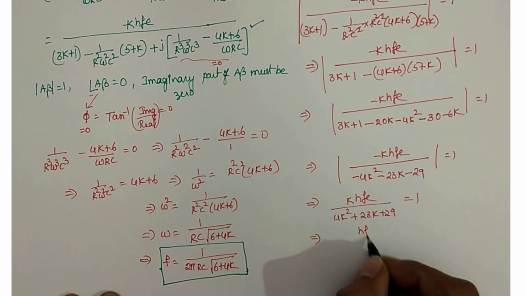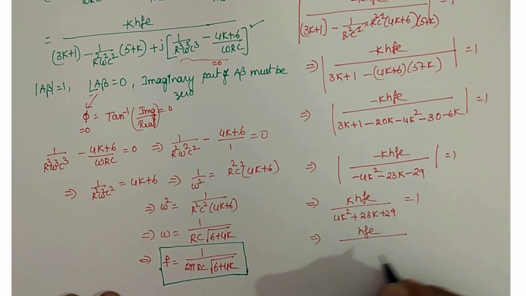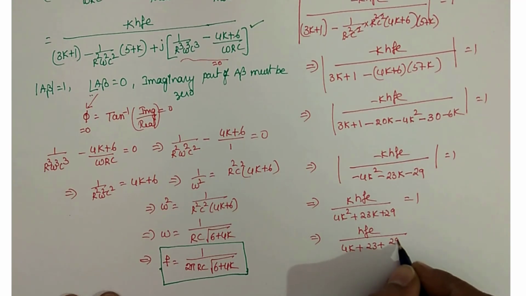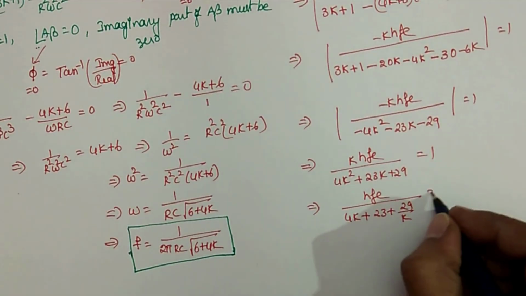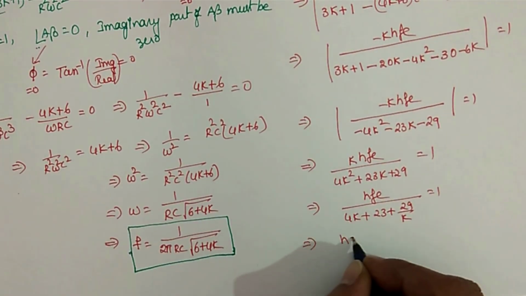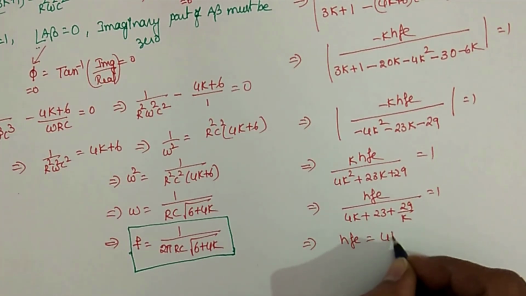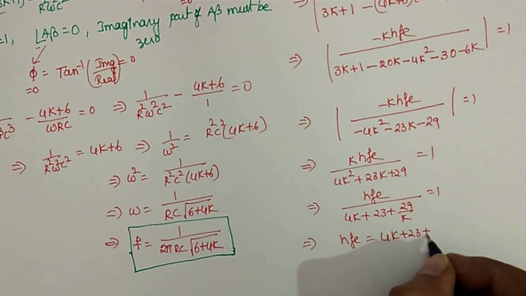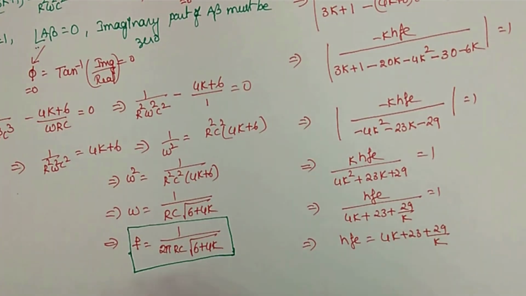So it implies HFE by, just cancel your k, 4k plus 23 plus 29 by k. HFE is equal to 4k plus 23 plus 29 by k.